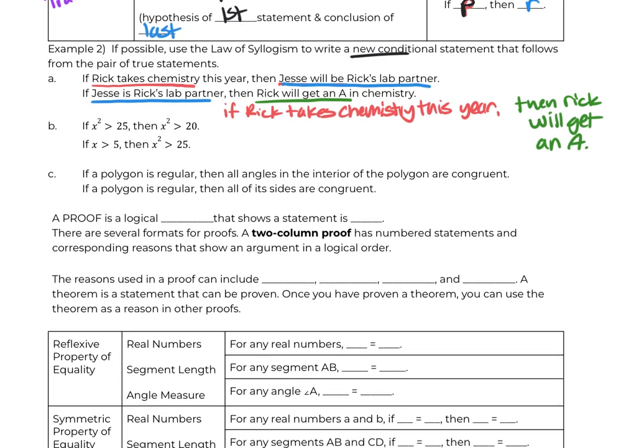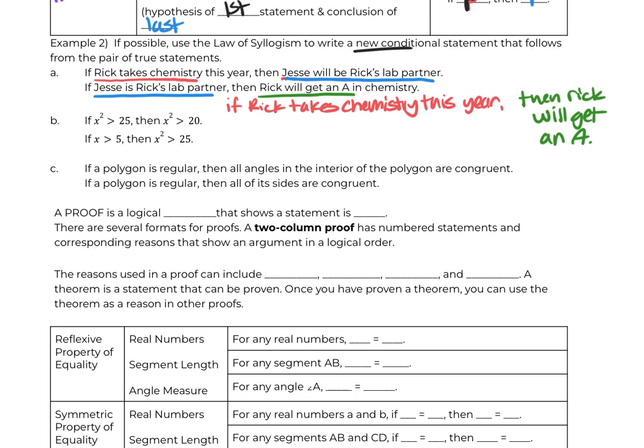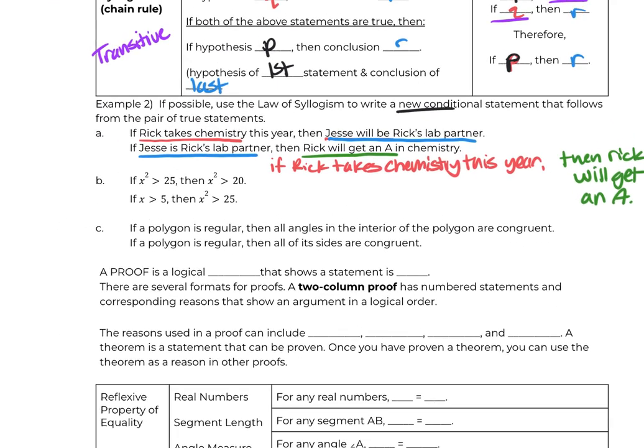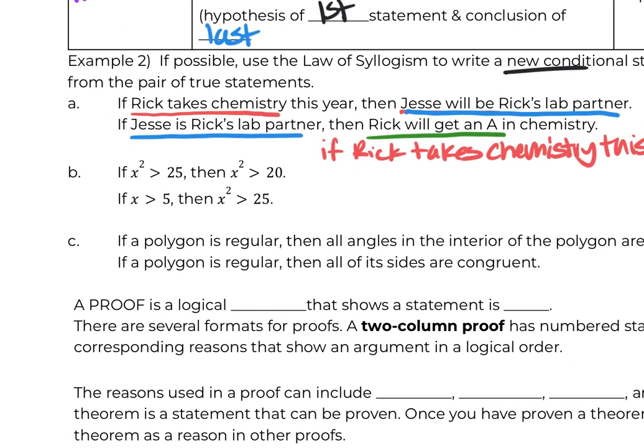All right, kind of ran out of room there, sorry. So on this one, you can see for sure if Rick takes chemistry this year, then Rick will get an A. So we left out that middle Jesse, Rick's lab partner bit. So go ahead and look at this one. The weird thing about this one is it's kind of a little weird, right?